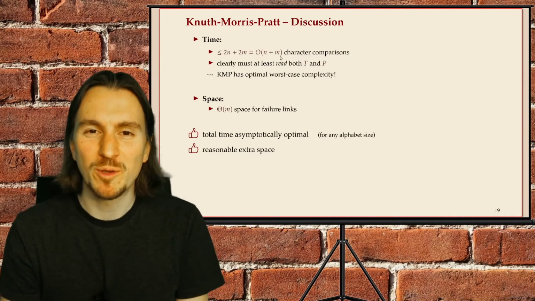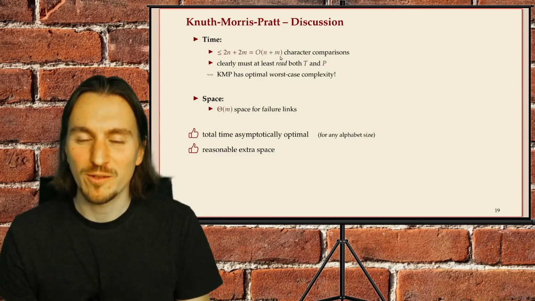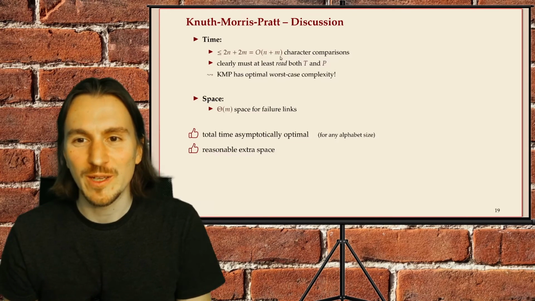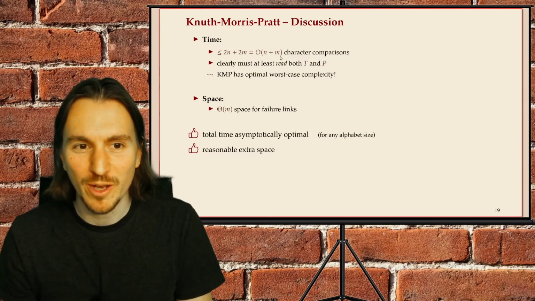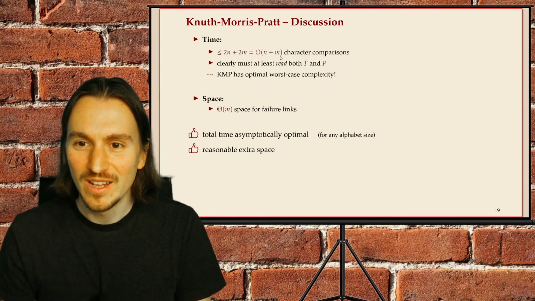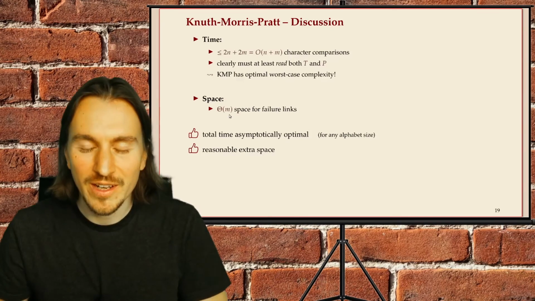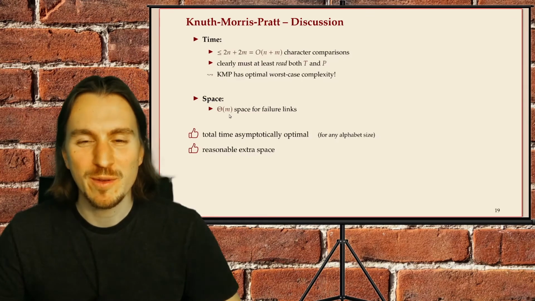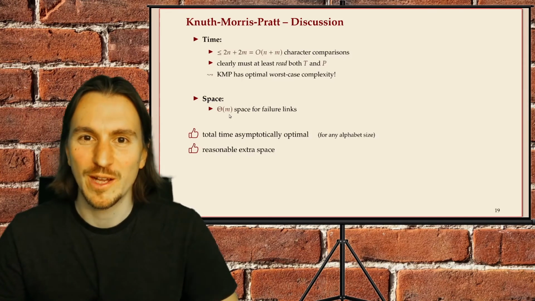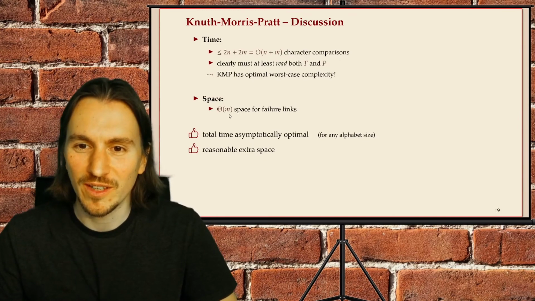And this is optimal in the worst case. There's no way you can do better. The Knuth-Morris-Pratt algorithm basically gets the time that you need to just read the pattern and the text. So that is the best possible that we can hope for. And the space is essentially as big as the pattern, but there's no dependency on the alphabet. That's, again, almost as good as it can get.